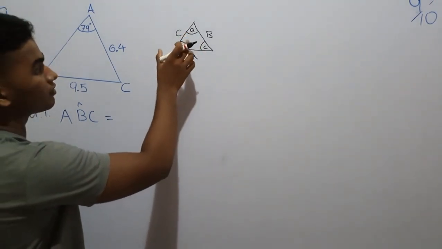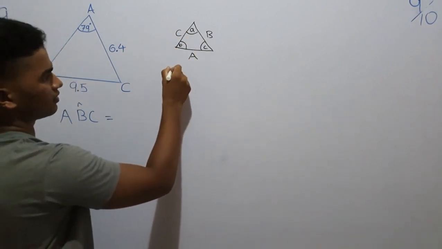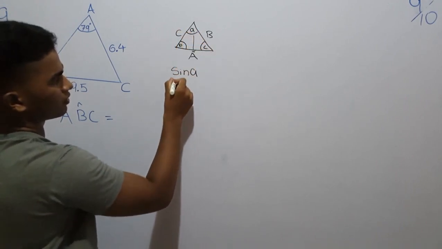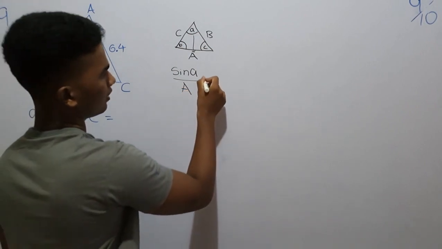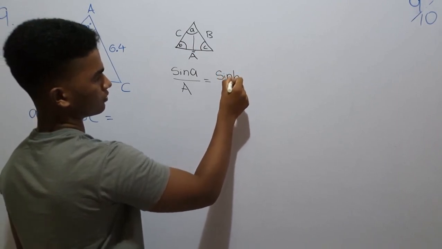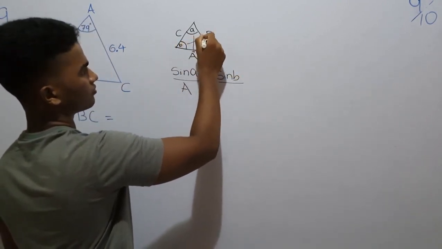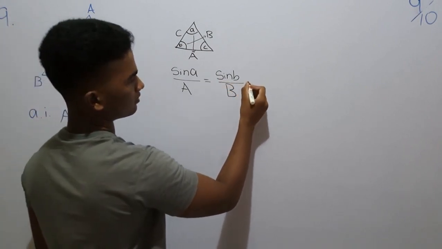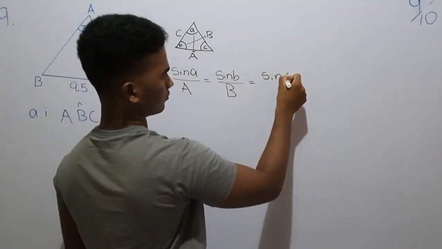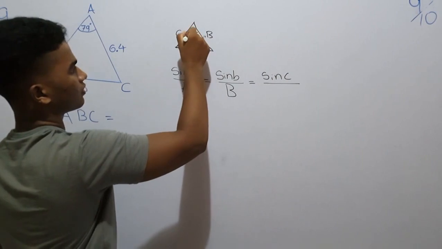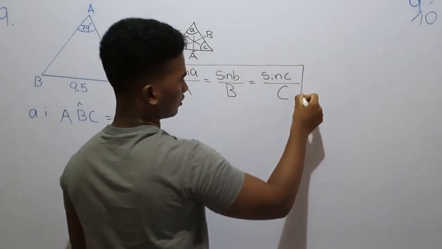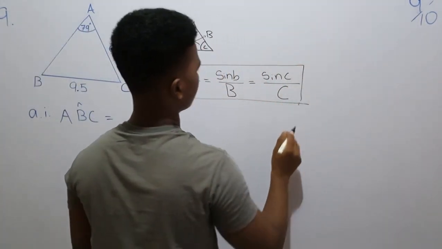So you can build the sine rule: sine A divided by the opposite length, capital A, equals sine B divided by the opposite length, capital B, equals sine C divided by the opposite length, capital C. So this is the sine rule we should use for this question.